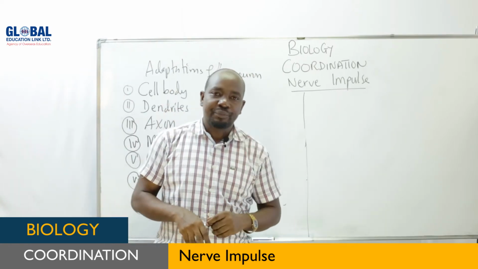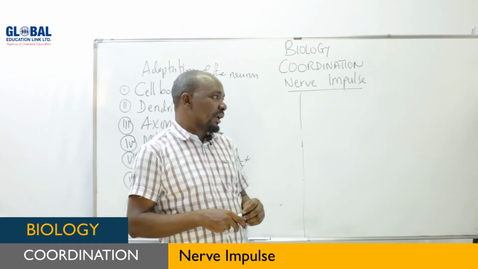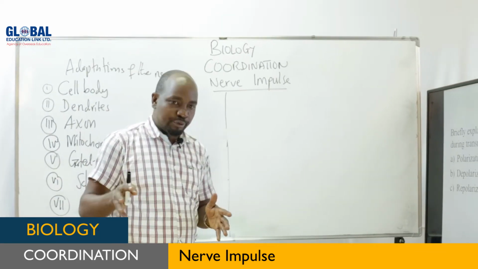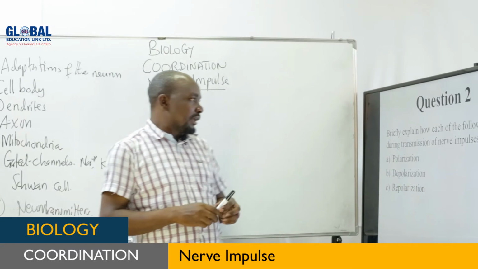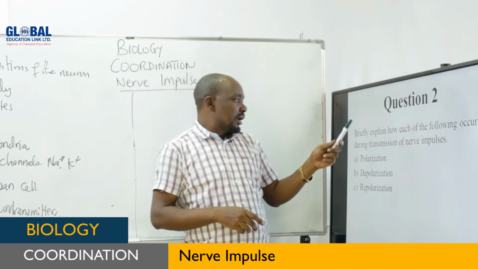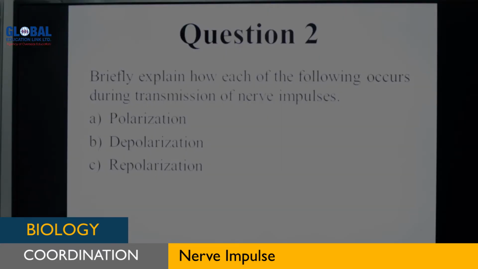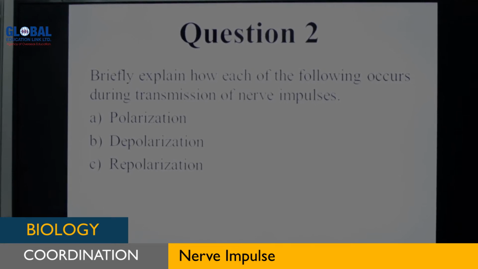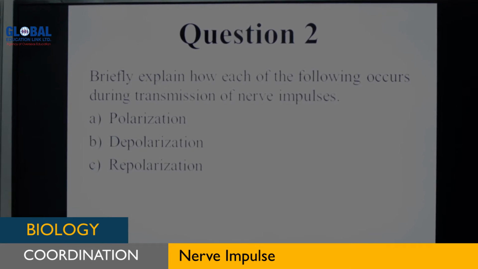Dear student, let us see question number 2 of this presentation. The question reads, briefly explain how each of the following occurs during transmission of nerve impulses. A. Polarization.